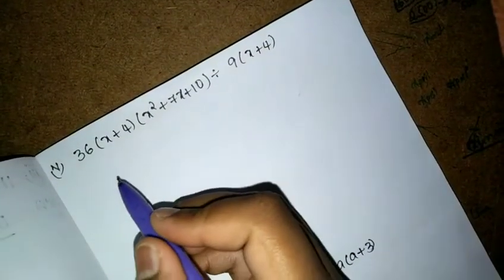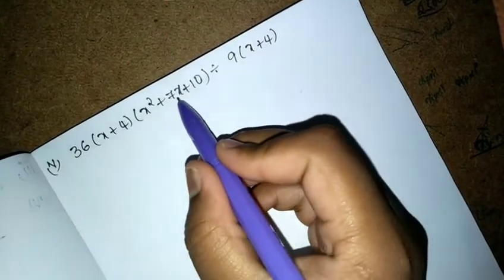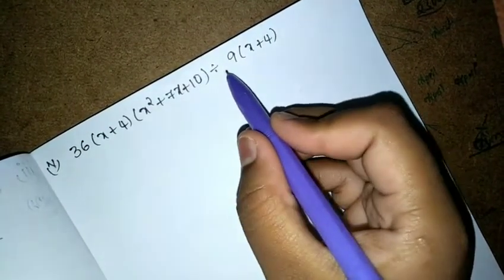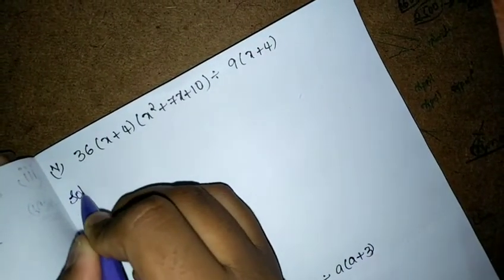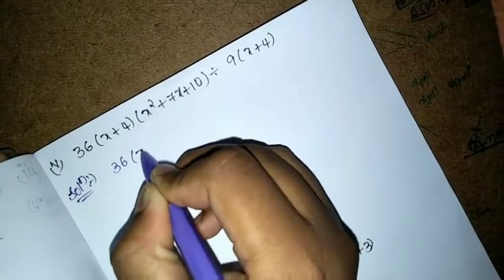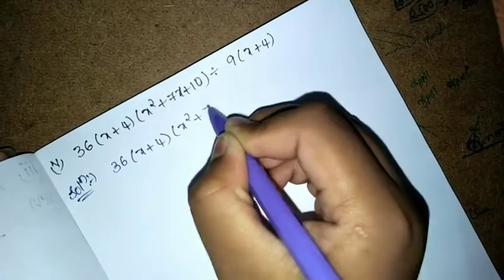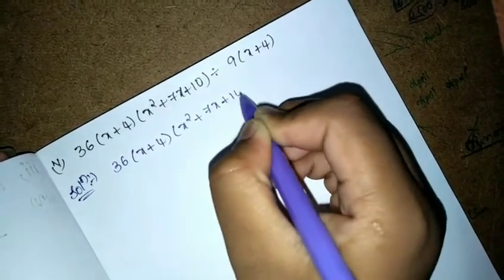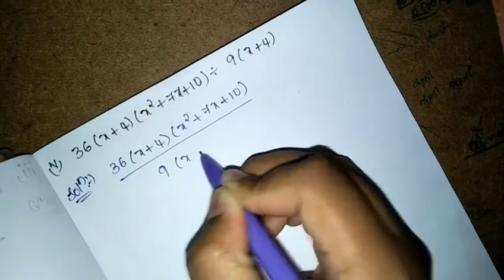Next problem, the fifth one, 36 into (x plus 4) into (x square plus 7x plus 10) divided by 9 into (x plus 4). Let's see the solution for this problem. 36 into (x plus 4) into (x square plus 7x plus 10) divided by 9 into (x plus 4).